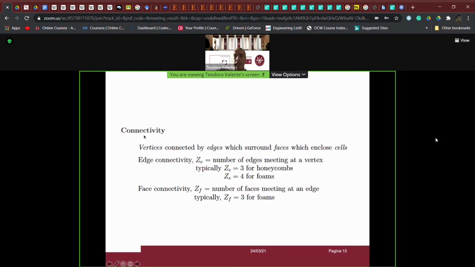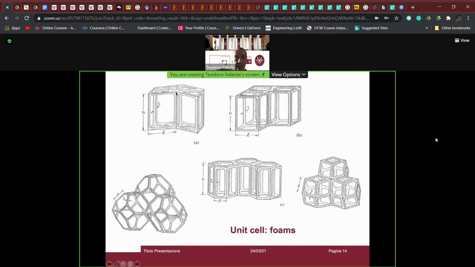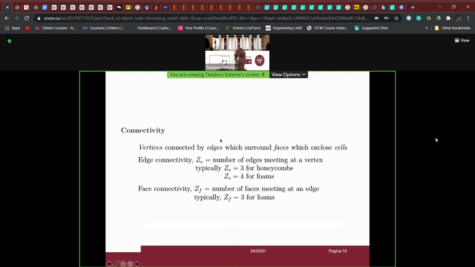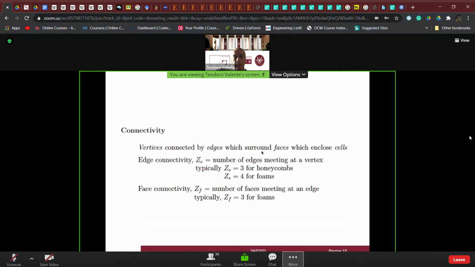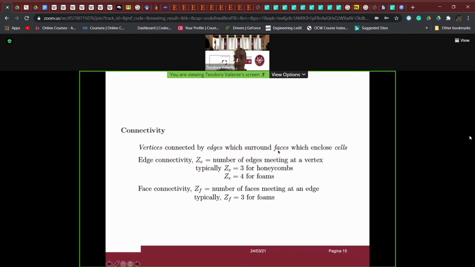And connectivity is based on the fact that vertices of the single cells are connected by edges, that is here, for example, connected by edges, which can also show phases, only in the case, with materials on, obviously, in the case we are thinking about closed cells.